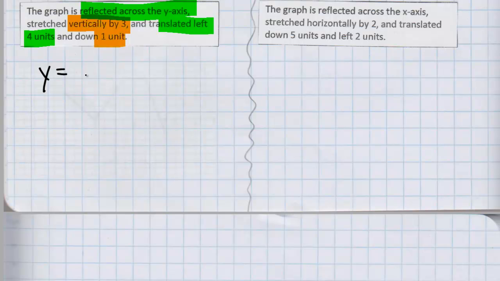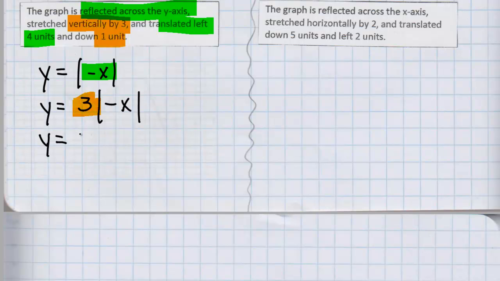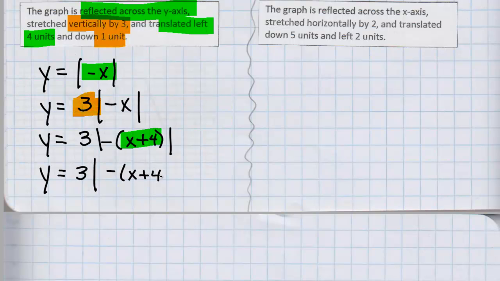Y equals, we're reflecting across the y-axis, moving horizontally, so it's inside the function. Stretched vertically by 3 is y. Translated left 4 units is x. And remember, we're going left. It says to go left, so we want to actually add 4. And the last transformation that we see is down 1 unit. And this is outside, so it is vertical.